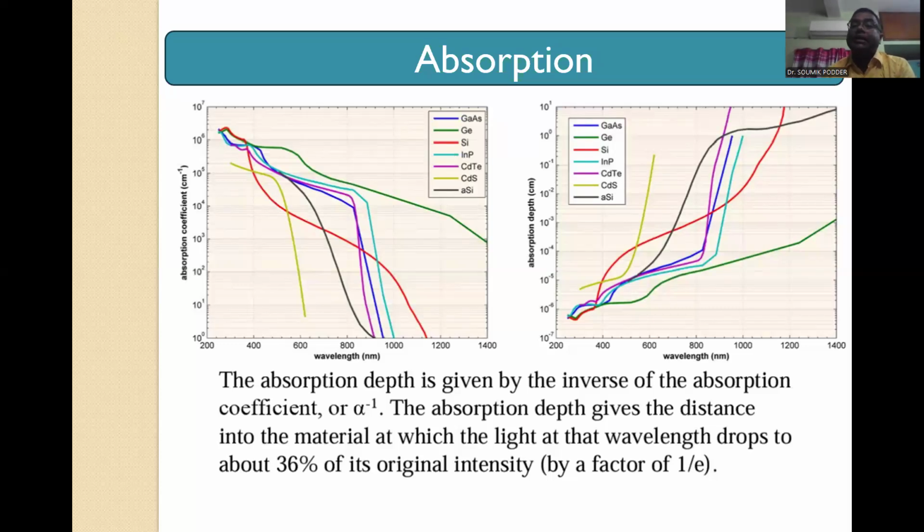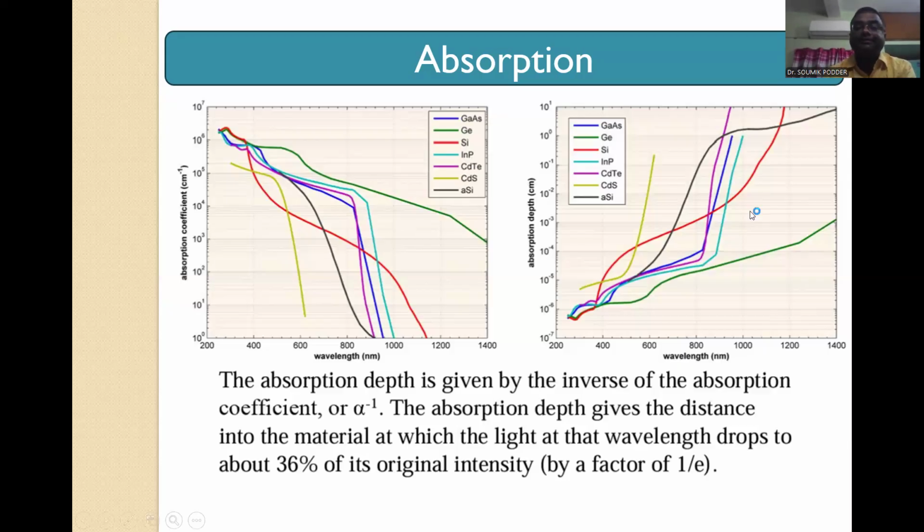I have listed a series of materials, from the III-V semiconductors to the normal group IV semiconductors: gallium arsenide, germanium, silicon, indium phosphide, cadmium telluride, cadmium sulfide, and amorphous silicon. Amorphous silicon is a little different from crystalline silicon. It has more vacant sites, more pores, so the intensity variation will be different.